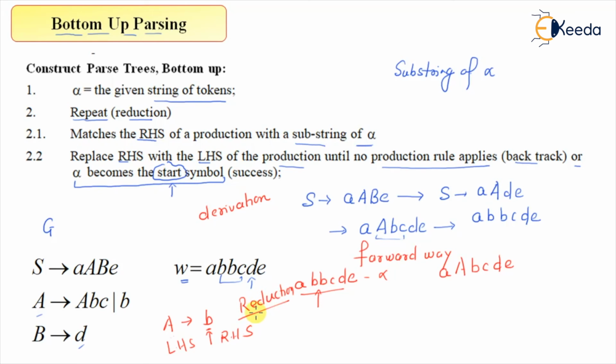In the next step, we take the entire A, B, C and reduce it to capital A. So it will become a, A, D, E. In the next step, that A and B will reduce, and then in the last step I'll reduce the entire a, capital A, D, E to S, which is the start symbol.